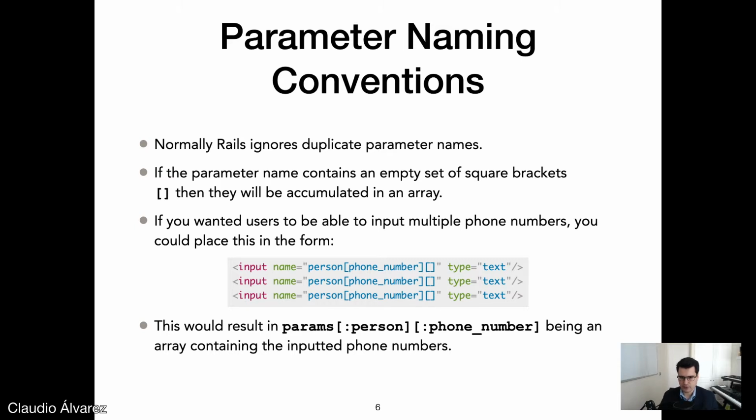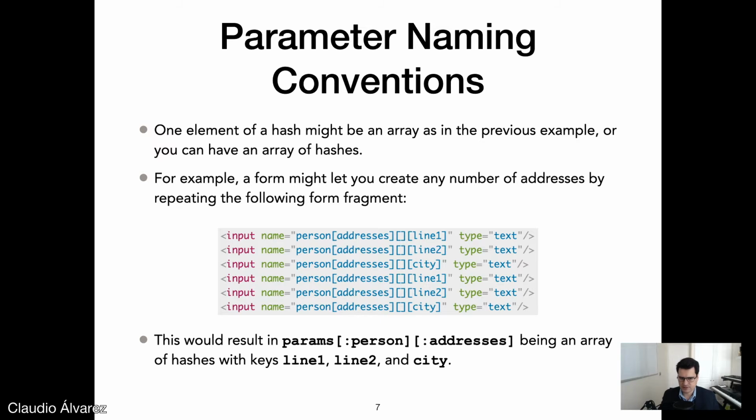And that will work for any other kind of nested object. For instance, in this case, the person may have many addresses. So in this case, addresses is an array of hashes. Each of the hashes will contain three attributes: line 1, line 2, and the city.